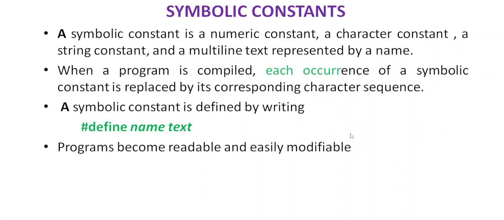The advantage here is wherever x appears in your program, except in comments, if x appears independently in any expression, then the x will be replaced by that 10 value. The advantage is programs become more readable and easily modifiable.